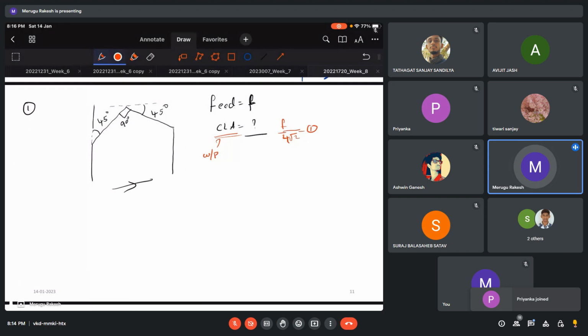So if you remember this formula, H max is F by tan CS plus cot C. This is the side cut edge angle and this is the end cut edge angle. Here I have given CS and C both as 45.